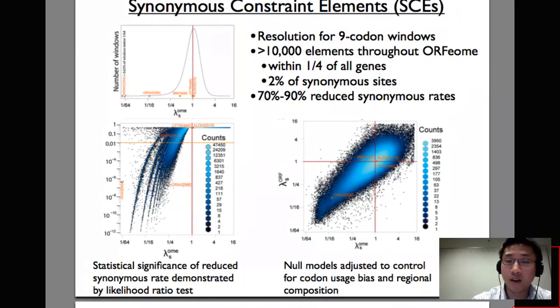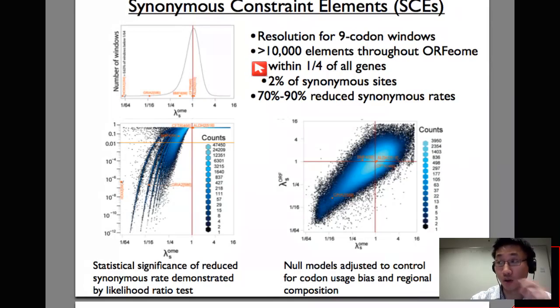Again, we have resolution for 9 codon windows in the initial work. We had also looked at 15 and 30 codon windows. Much later in the talk, I'll get to how we're doing more recent work to drill down even further. But by applying that statistical test throughout the genome, we locate more than 10,000 of these synonymous constraint elements throughout known human protein coding genes.